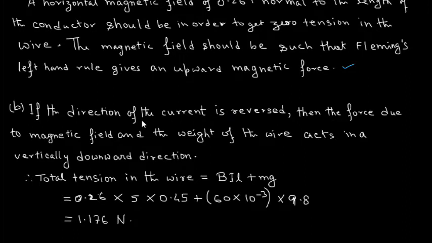If the direction of the current is reversed, then the force due to the magnetic field and the weight of the wire act in the vertically downward direction. The total tension in the wire is BIL plus mg. Putting the values of BIL, m and g, and on solving we get 1.176 Newton. Let us see the next problem.